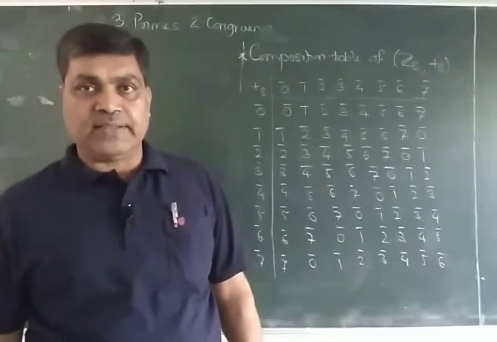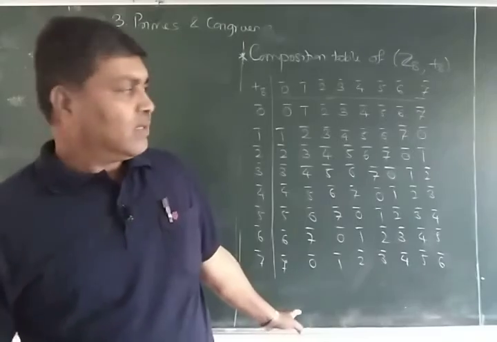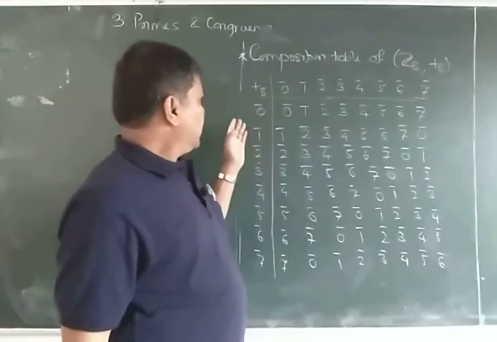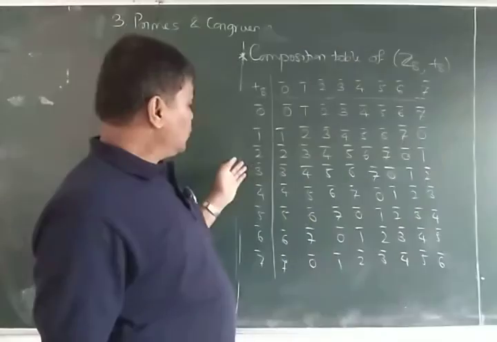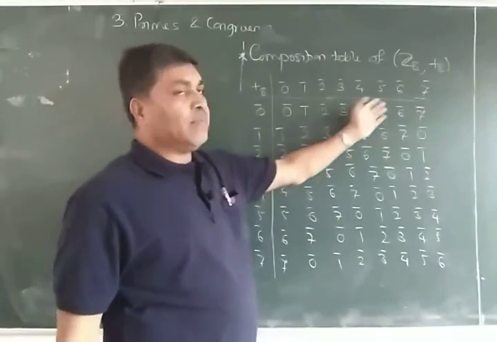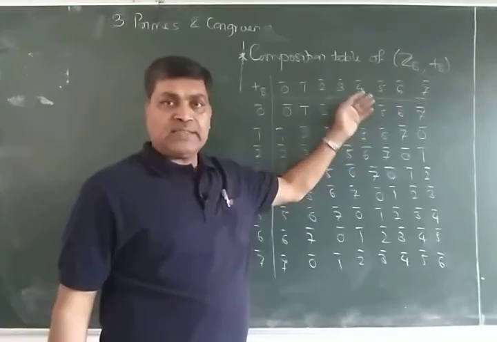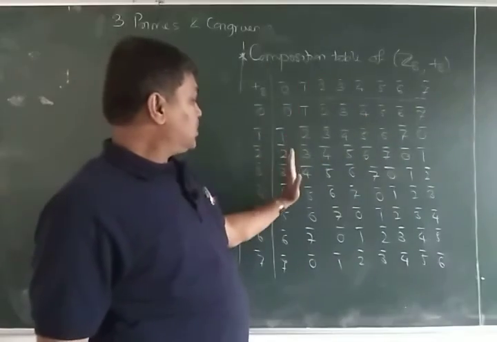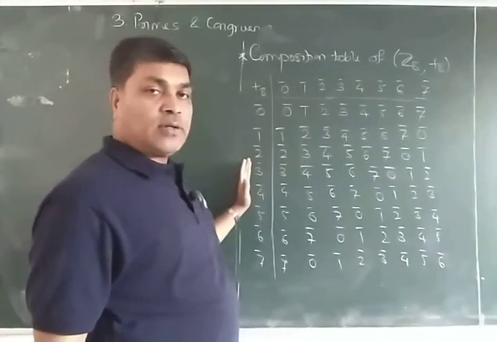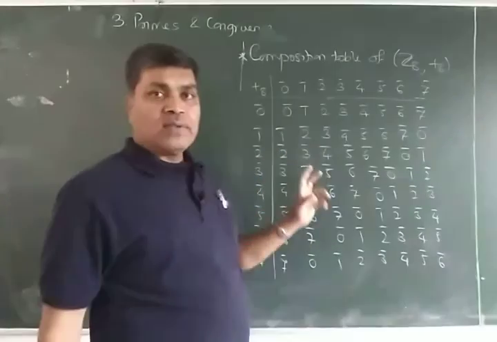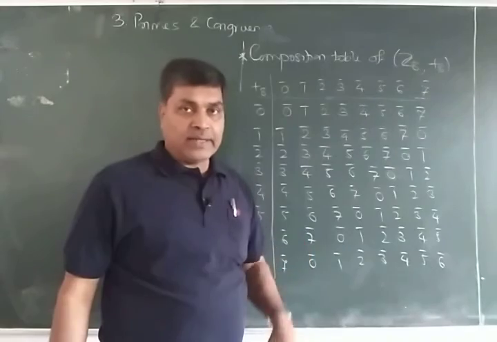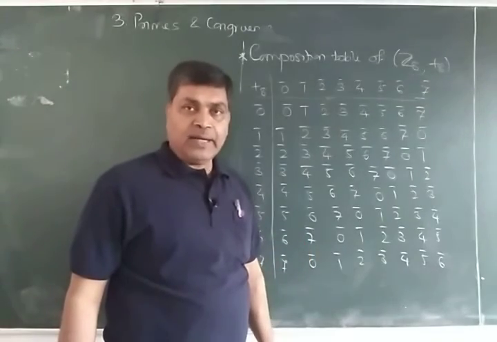It is associative. If you observe, a bar plus 0 bar is a bar and 0 bar plus a bar is a bar. The first row is identical with the header row, and the first column is identical with the header column. This means the corresponding entry 0 bar represents the additive identity.